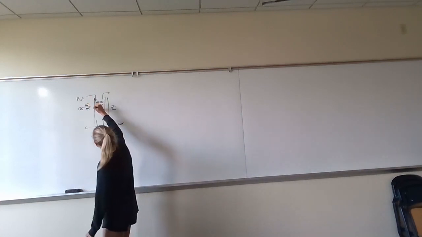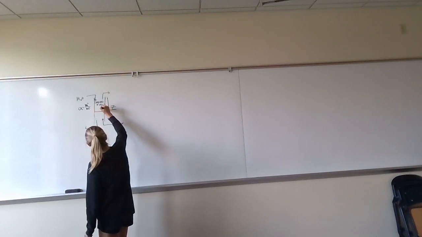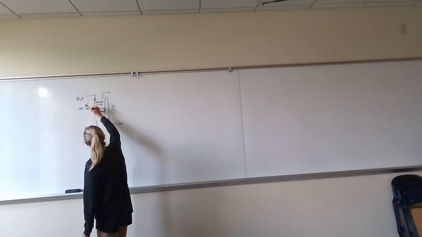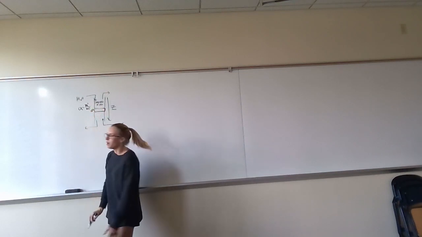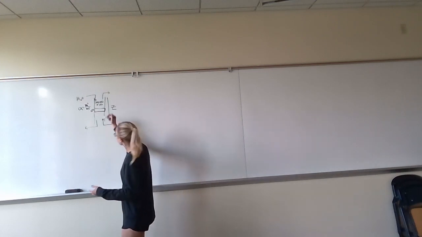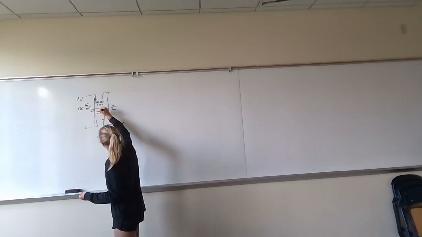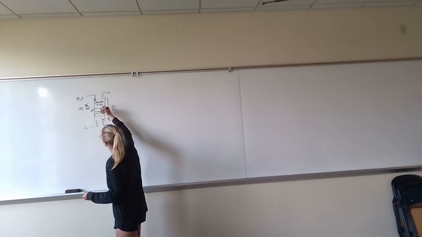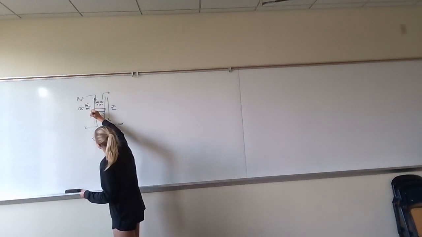A section of this tower can be taken, and this is infinitely small, and I'm going to call this dz, which will give us our position term in a lot of our equations.